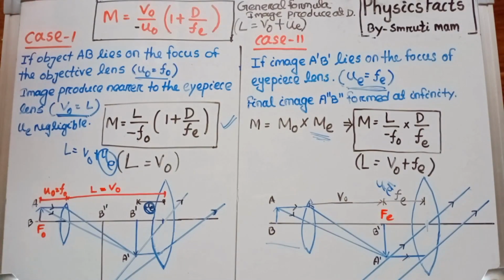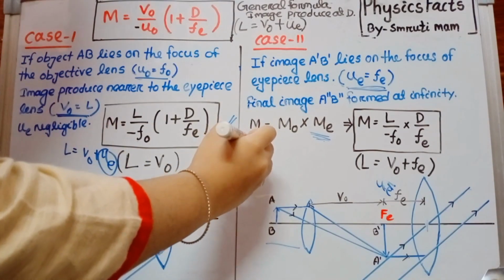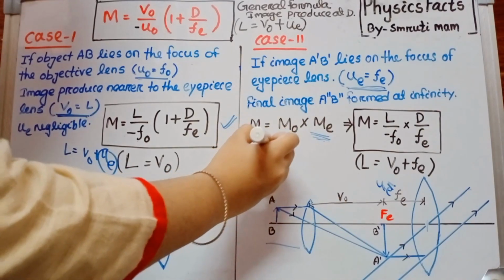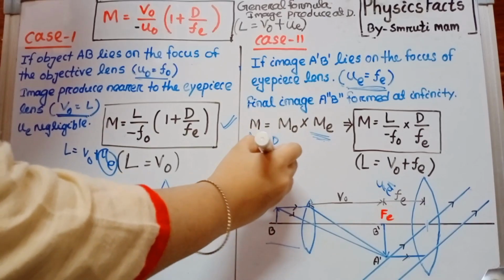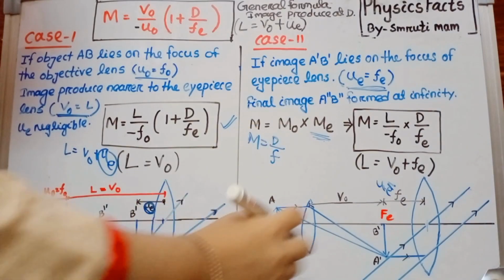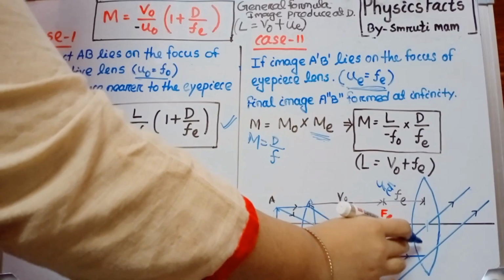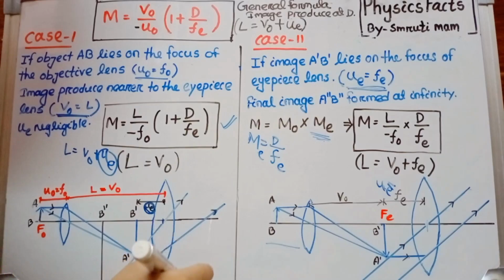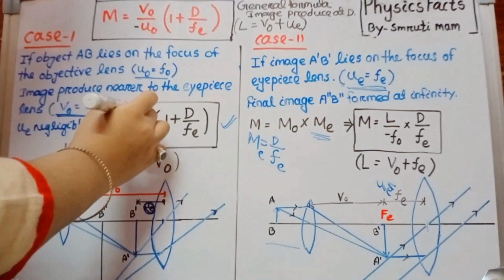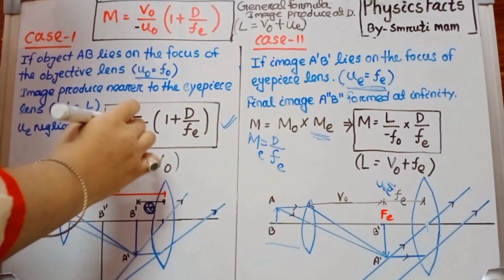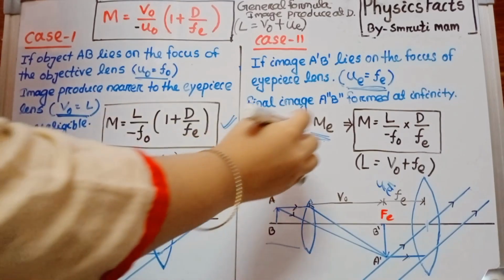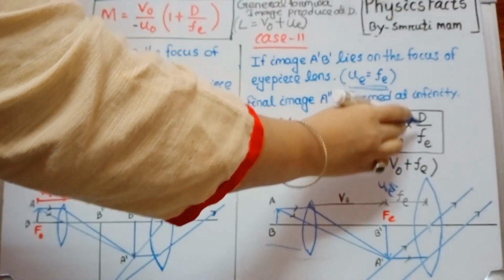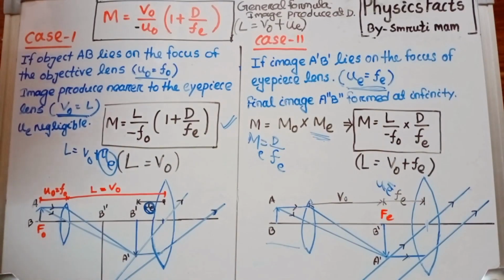In our previous video, we already discussed that if the image is produced at infinity, the magnification is M equals D by F. Here, that is the magnification due to the eyepiece lens, so ME equals D by FE. And MO, that is L by minus FO, we already calculated. So the total magnification M equals the magnification of the objective lens into the magnification of the eyepiece lens.